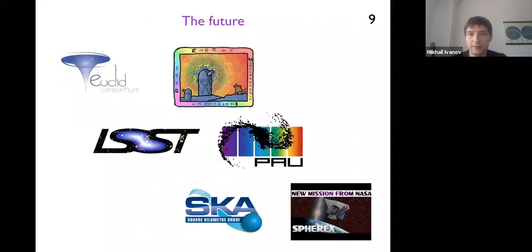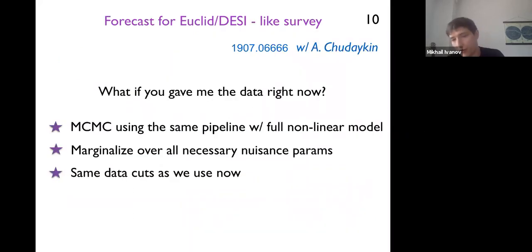All right, let's discuss the future, because we know that there are many large-scale structure surveys coming online in the coming years, like Euclid or DESI, and we have done a forecast for these surveys, trying to understand what kind of error bars we are going to get from them on cosmological parameters.